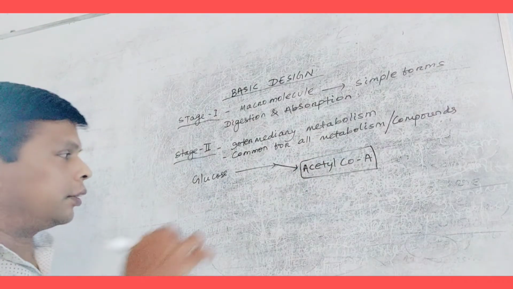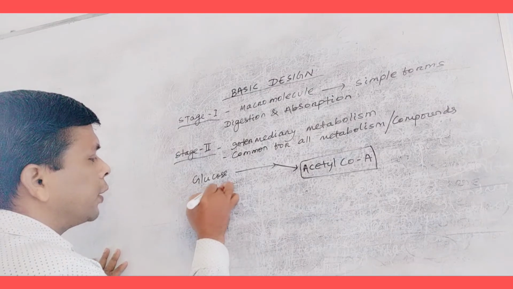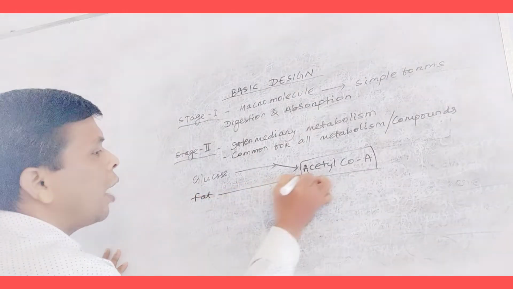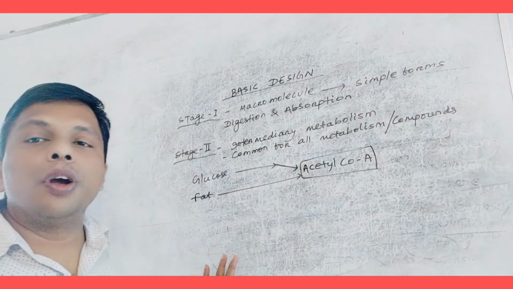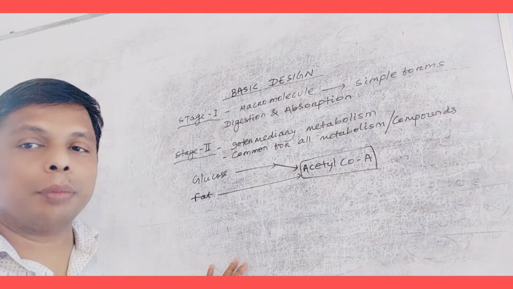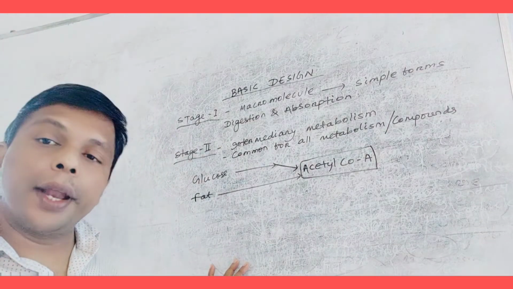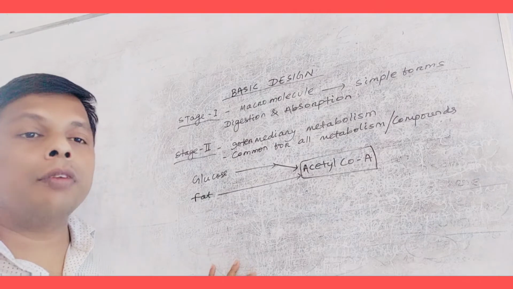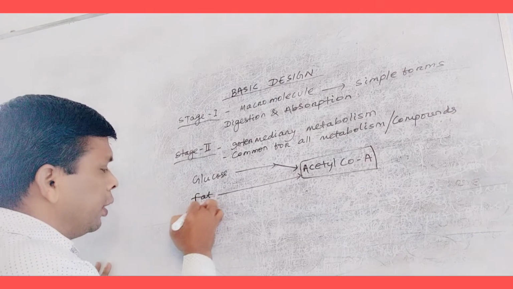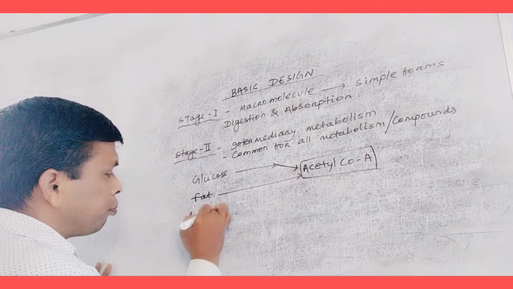When fatty acid, we take the example of fat, through beta oxidation it also produces acetyl coenzyme A, which enters the Krebs cycle. We take the example of amino acid.